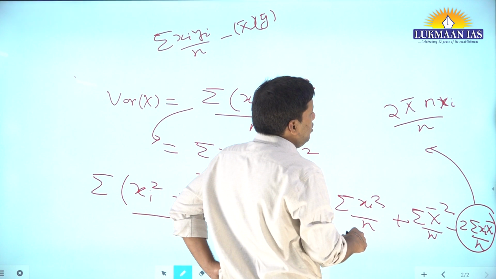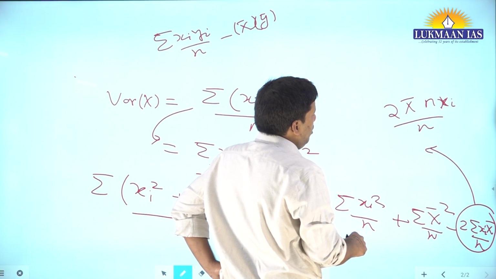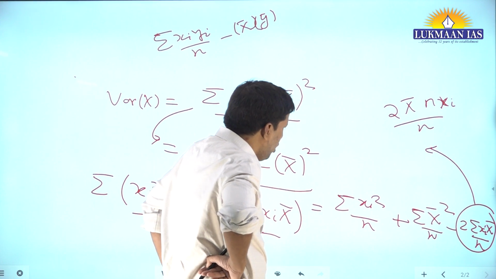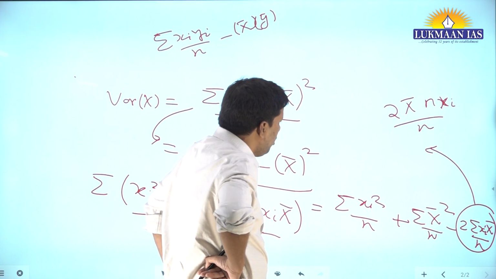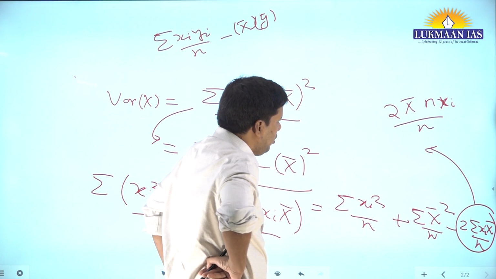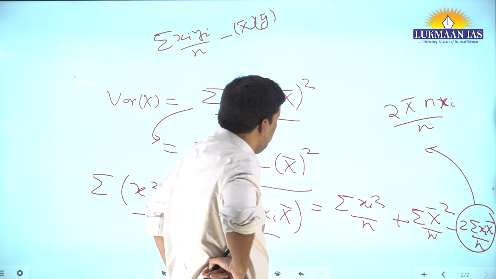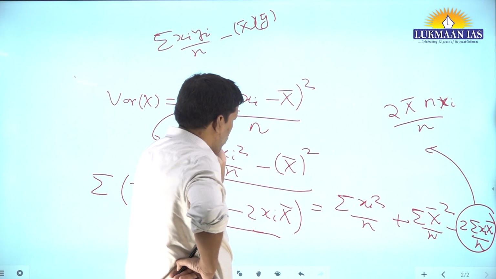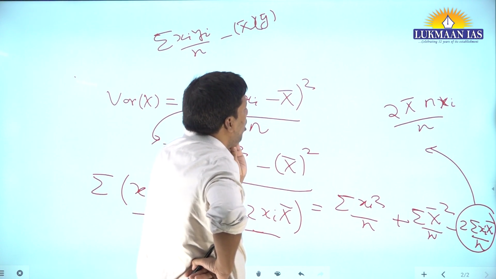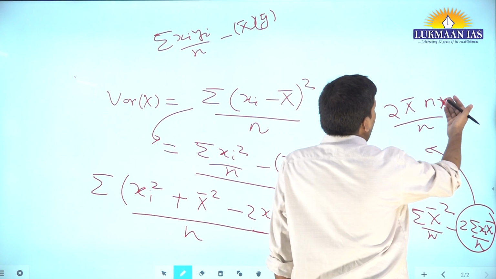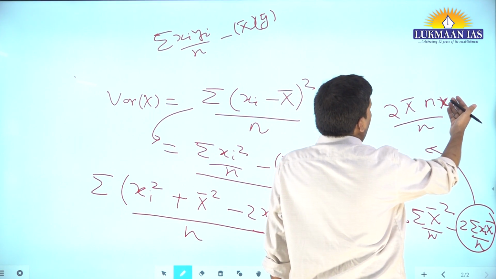Let me see. This is fine. We take the x bar outside, but we are applying it n times. So this is fine. 2xi. This is x bar, and x bar.